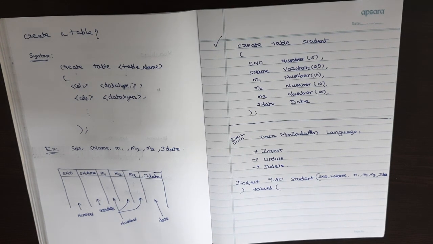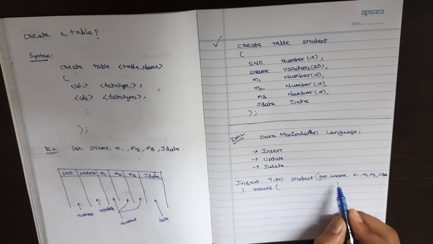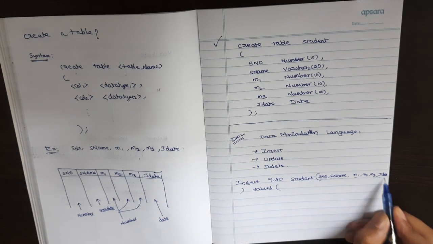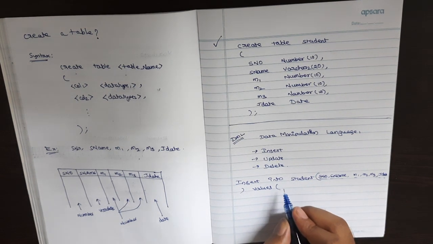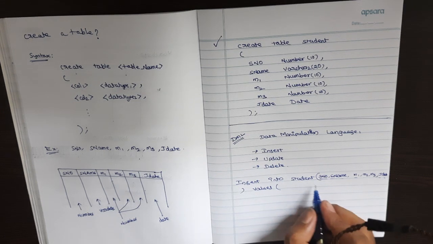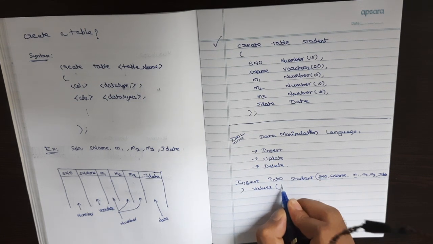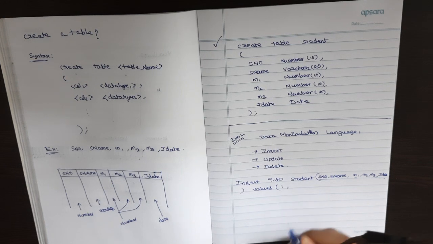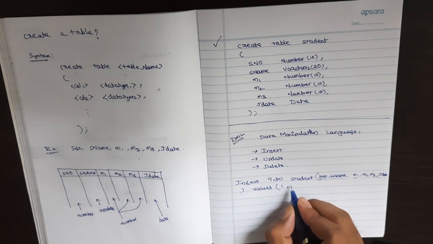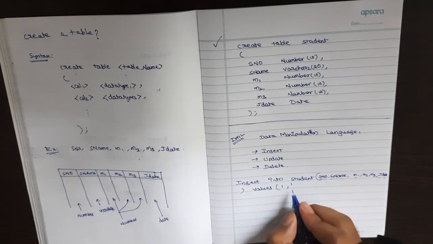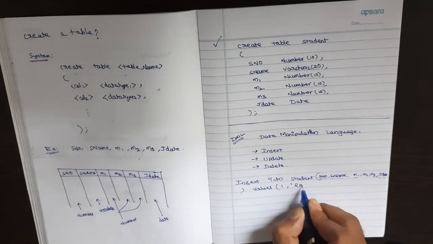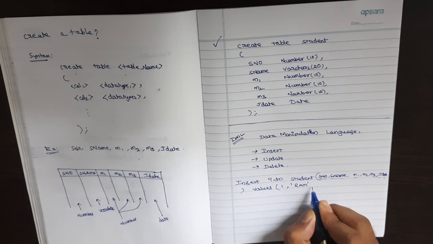Now values of, what are the values for SNO, name, M1, M2, M3, J date? For a single record, for example, SNO is 1, first student, and the name should be included in quotations. Single quote start, RAM.